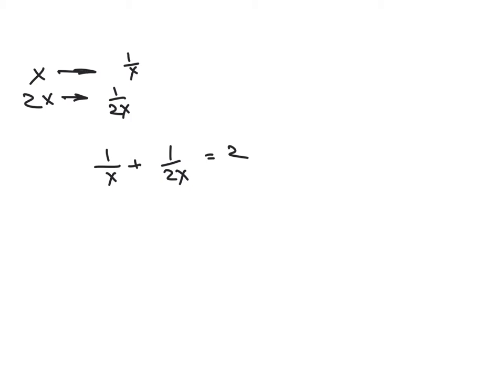So we need to find x, and then we can multiply by 2 and find the other number. First of all, according to what we've done before, we have to find common denominators. We have a 2, and we have an x, so our common denominator is 2x. We multiply times each of these.